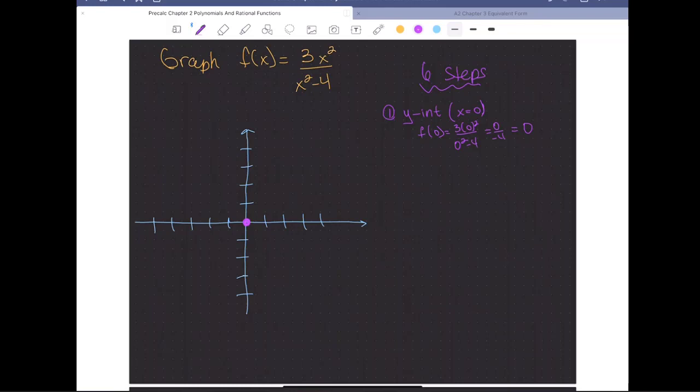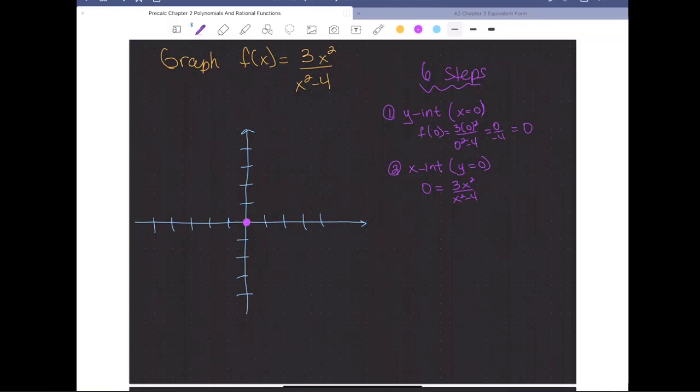What's the second one going to be? You guessed it, the x-intercept. So if I'm looking for my x-intercept, I know that's when my y equals 0, right? So I would have 0 equals 3x squared over x squared minus 4.